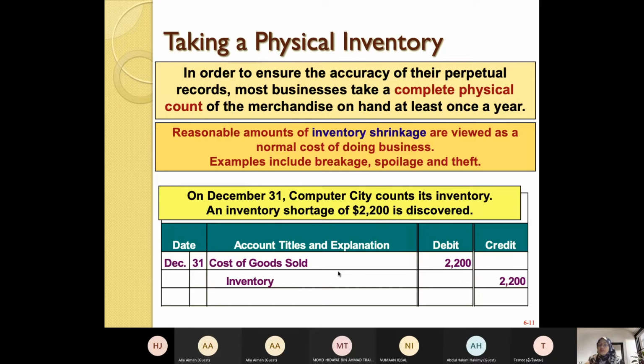It's a cost to the company when there's spoilage, breakage or theft. So you record that at the cost of goods sold, and you credit your inventory. Remember that we have the same entry when there's a sale of goods. But here there's no sale of goods, just a shrinkage in your inventory. So you record that at the cost of goods sold in your inventory. Does that make sense?